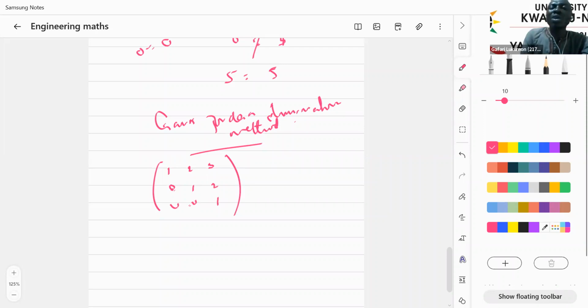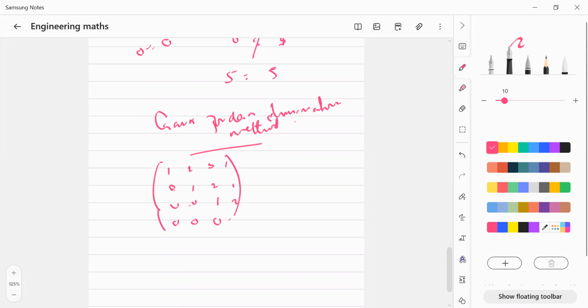Even if you have 4 of them, maybe I add another element to this, you can have the first row something of this nature. So we call this an echelon form.